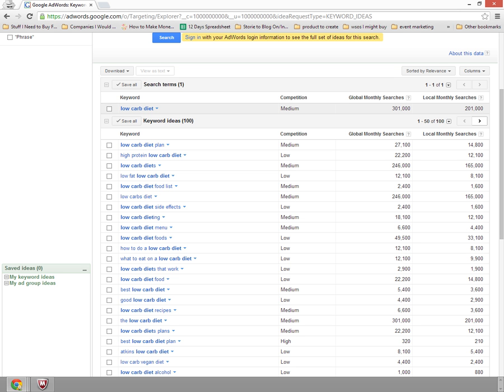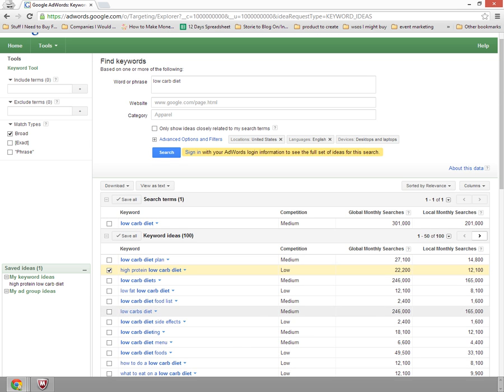In general, if a keyword has about 3,000 searches, that might be a good keyword to start looking at. And just as a rule of thumb, now remember, this isn't directly relevant, but we can start by looking at keywords that have relatively low competition. So here's one in particular. It has low competition. It's more than 3,000 searches, high protein, low carb diet. And then we will add that to our list of saved ideas.